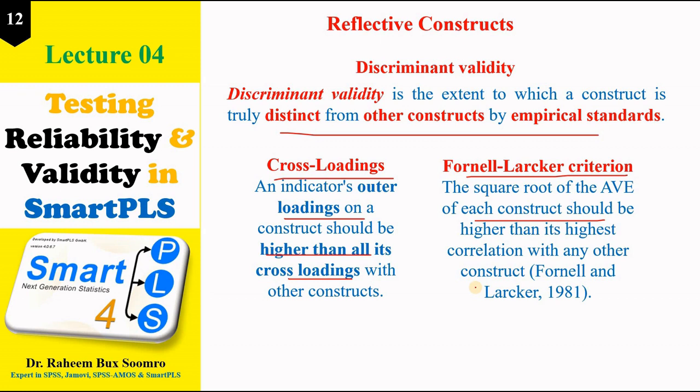It means that when we want to measure reliability, we have two measures: Cronbach alpha and composite reliability. When we measure validity, we have discriminant validity, again with two tools: cross loading and the Fornell-Larcker criterion.